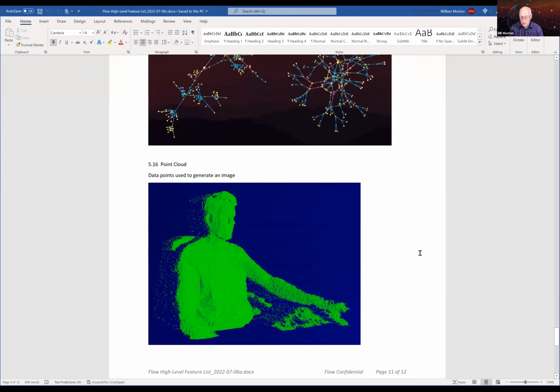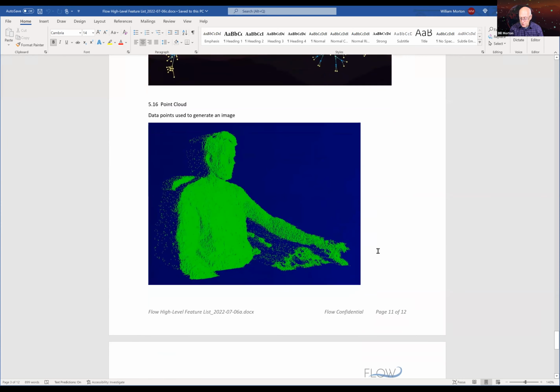This next one has not been too widely used yet, although a couple of customers have made stunning use of this concept. It's a concept called point cloud. Basically, what we've got here is 50,000 dots, and these 50,000 dots are all being put into the image of a person. I think this person's sitting at a keyboard or something.